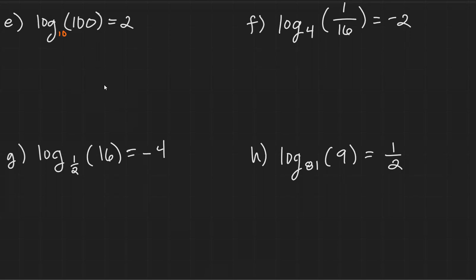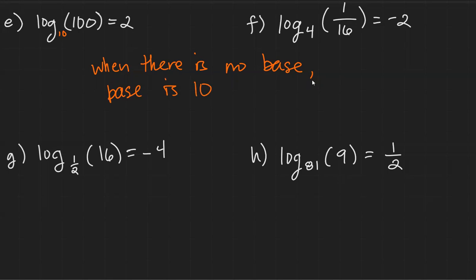Okay, so maybe write this down really quick. When there is no base shown, then the base is 10. And then, maybe a little more specific, because we're talking about logs here: when there is no base in the log, the base is 10.